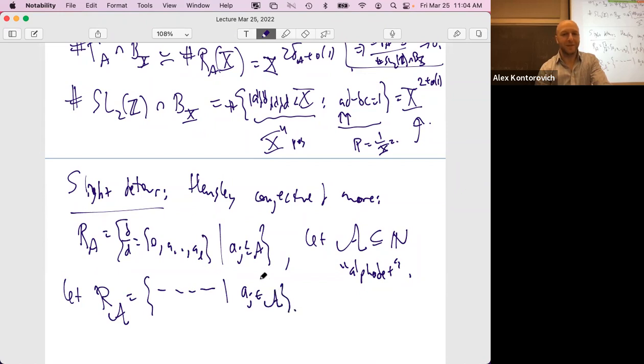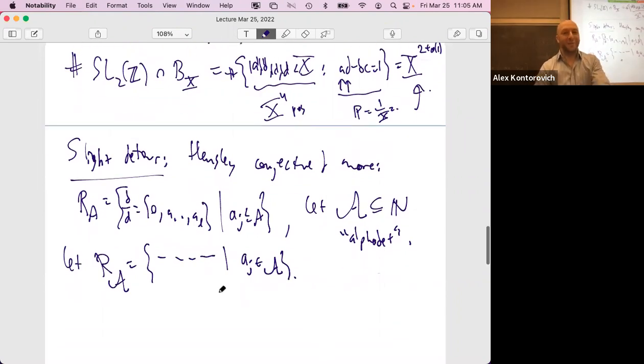That would be an interesting conjecture, but he knew it was wrong, because what really matters is that the Hausdorff dimension of this Cantor set, which is the set of limit points of RA, has to be at least a half.